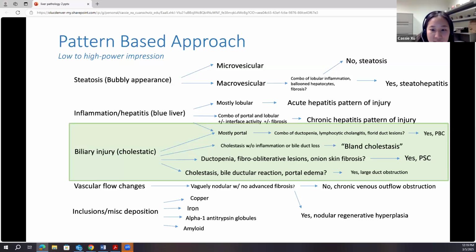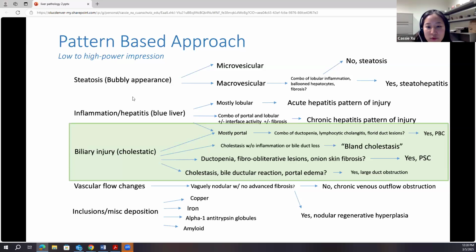So is there cholestasis, or do the bile ducts look really damaged? Is this more of a vascular flow abnormality? So is there either a vaguely nodular appearance on the reticulin stain, or is there clear sinusoidal dilation in the central lobular areas with associated hepatic plate thinning? Or are there inclusions or miscellaneous deposits that might suggest a specific disease entity?